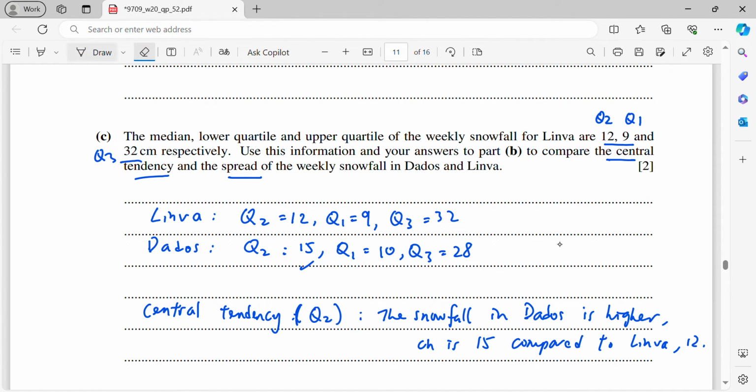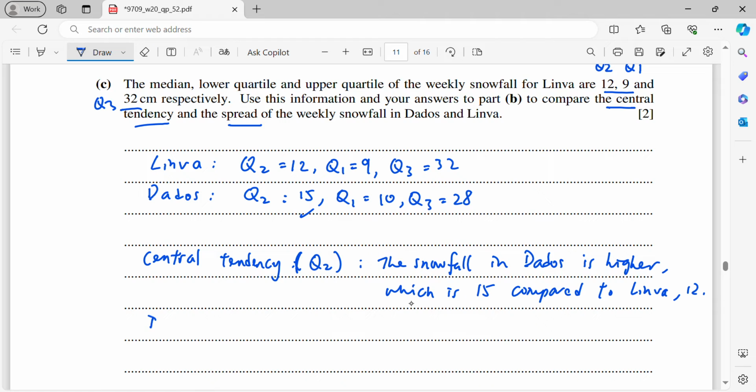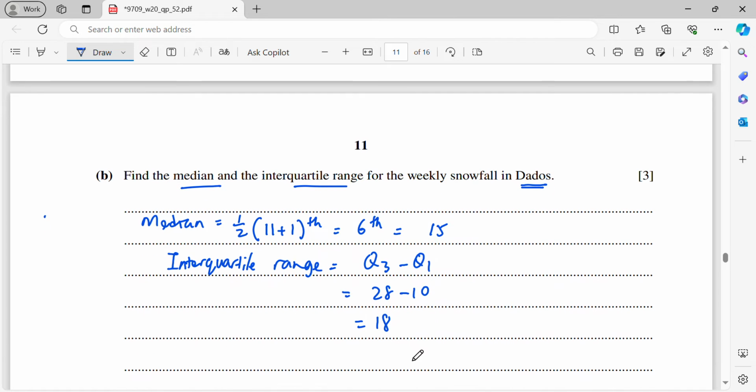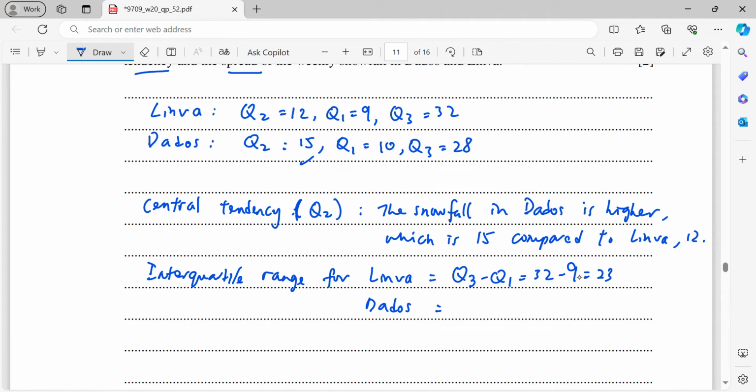Okay, then for the spread we will refer to the interquartile range. So interquartile range for Linhua will be Q3 minus Q1. So that becomes 32 minus 9, and I will get 23. Okay, for Dados, it's only 28. Oh, sorry, it's only 18. Right, so from here, that means the spread for Linhua's snowfall is bigger.